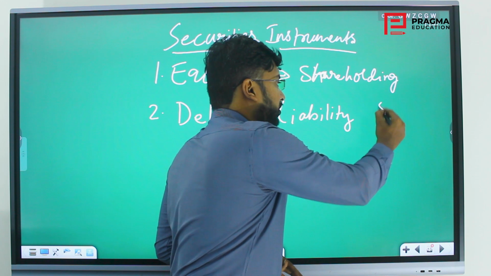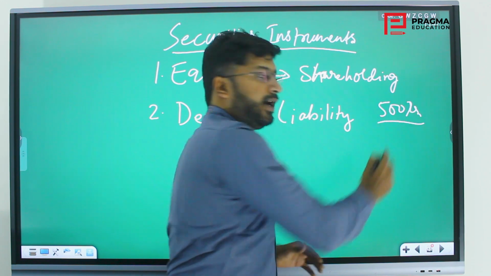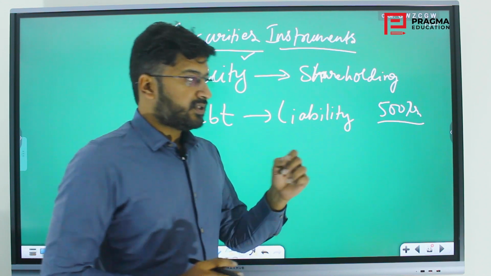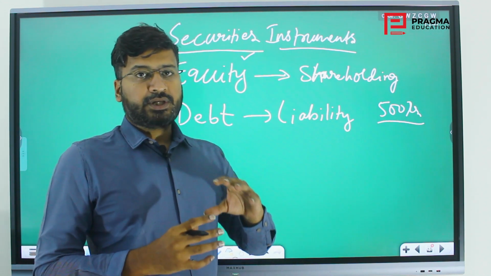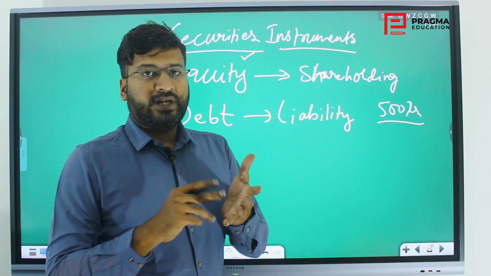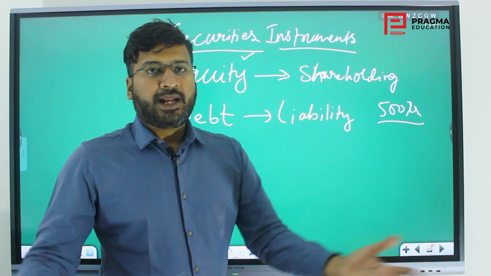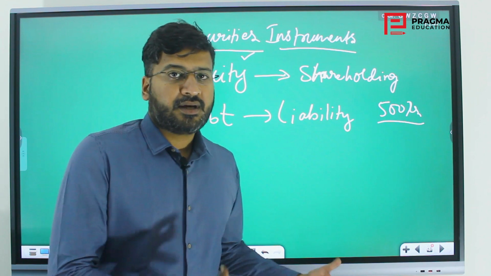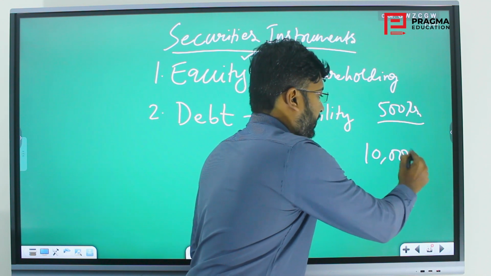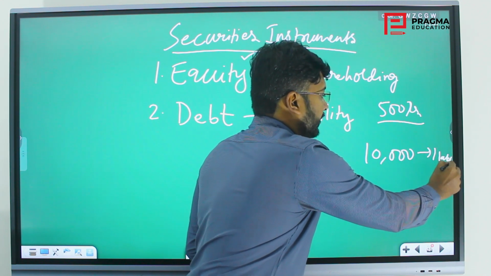Each share is only around 500 rupees, 1000 rupees, 100 rupees. Even some companies start their shares at 10 rupees. They will convert this 10 rupees into 10 lakh shares. That is 1 crore. They will raise 1 crore and give 10 lakh people shares. Each share is 10 rupees. If I hold, say, 10,000 shares, I would have spent 1 lakh.